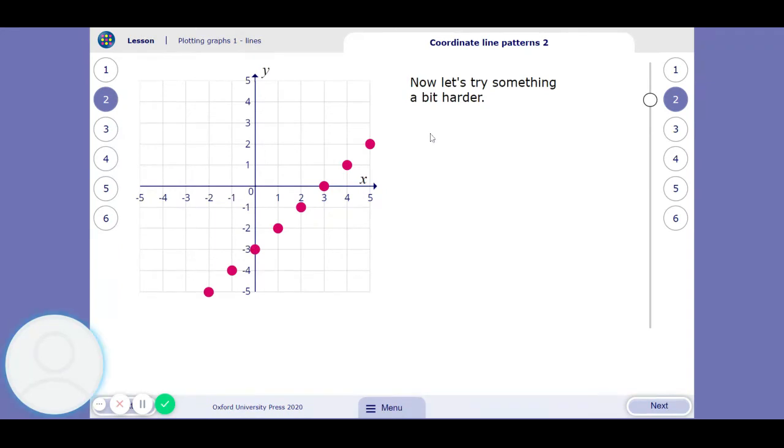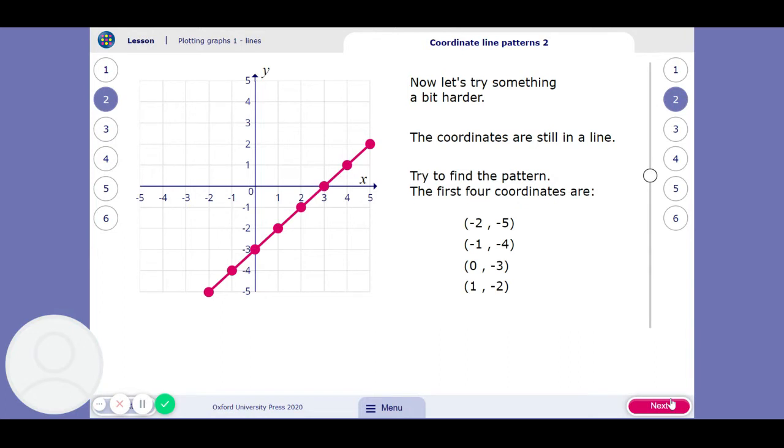Right, so something a little bit harder. Now you can see they all fall in a straight line, but it's a diagonal one. So how do we do this one? Because we don't have something as simple as all the y coordinates are 5. So if we write out the coordinates and just try to see some sort of a connection, what do you notice if you want to go from the first one to the second one?